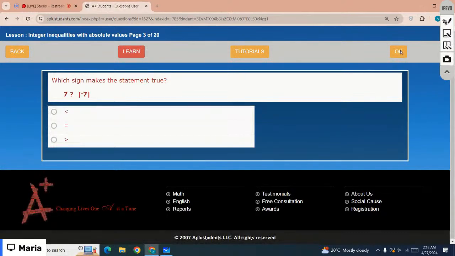Which sign makes the statement true? Yes, they both are exactly equal because the absolute value of negative 7 is 7. So they both are exactly equal.